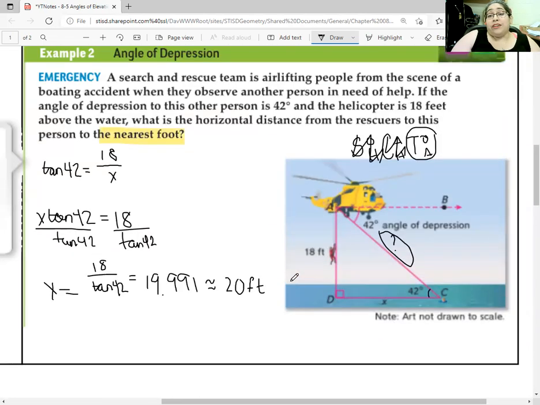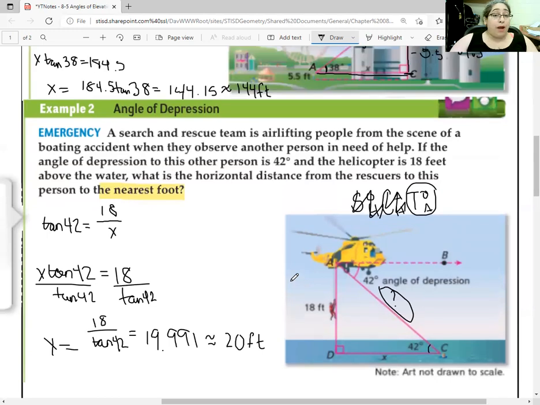Really, that's all there is to these. We just keep practicing. It's all about identifying, am I looking at an angle of elevation? Am I looking at an angle of depression? And using this concept of alternate interior angles to create some congruent angles so that you can move your angle measure into a useful place for you in a right triangle.